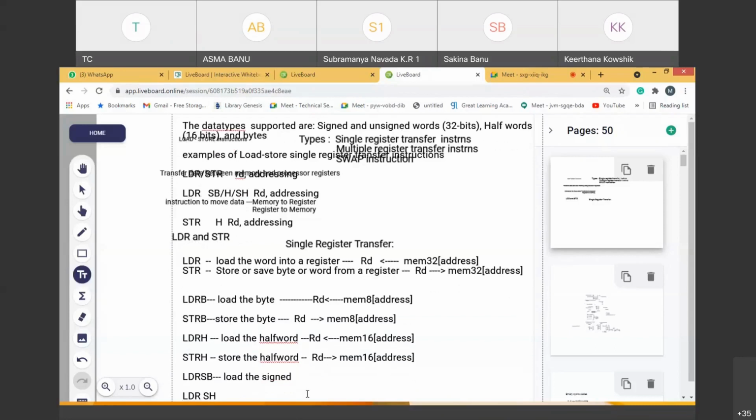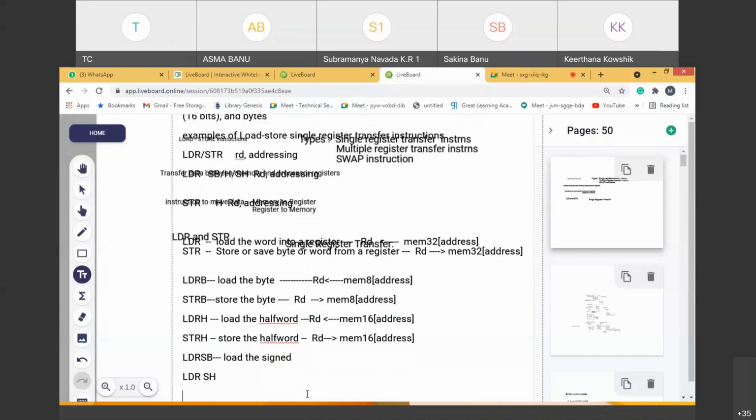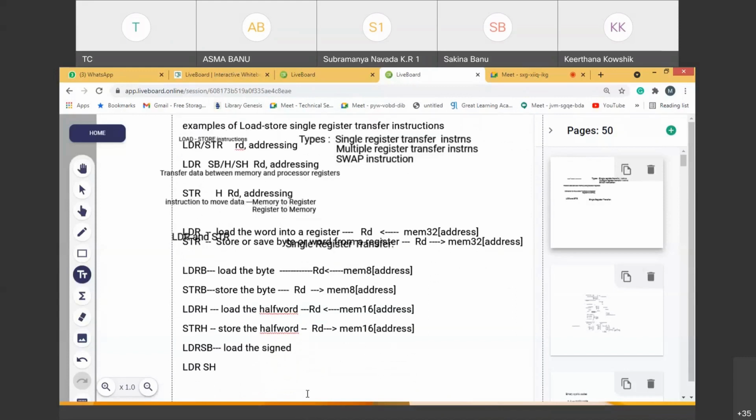Please remember that LDR and STR are the two most important load and store instructions. They also load the data on the boundary alignment. Boundary alignment means LDR can only load 32-bit words on the memory address.